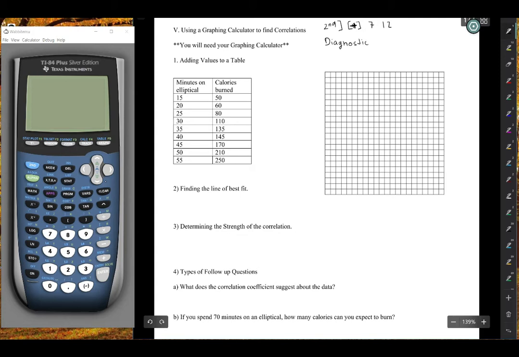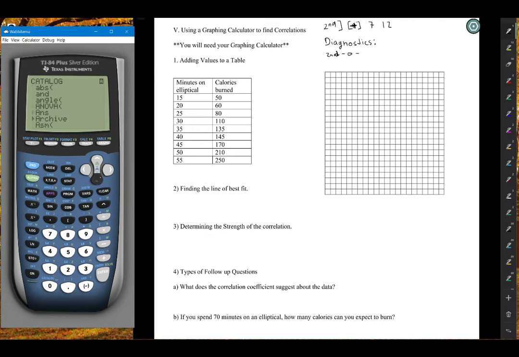Well, we do that by going to the catalog, which is second, so the blue second button. Hit the number 0. You need to scroll down to where it says diagnostics.